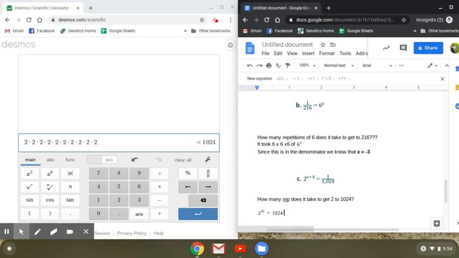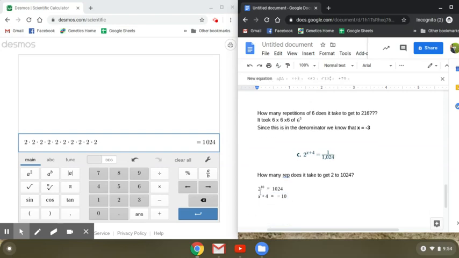We know that this time, again, it's a negative, right? So we can actually set the exponents equal to each other. We can say x plus 4 equals -10, because this has to be a -10 to make it a fraction. And then it's a super easy problem to solve. We're just going to subtract 4 from both sides. So that means that x equals -14. And that's our answer.